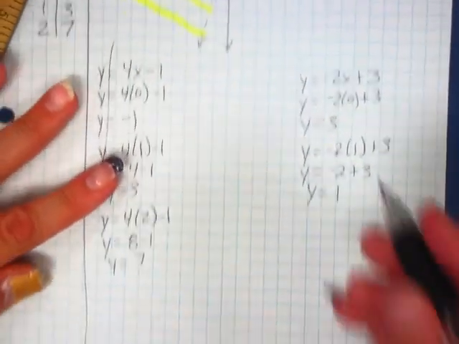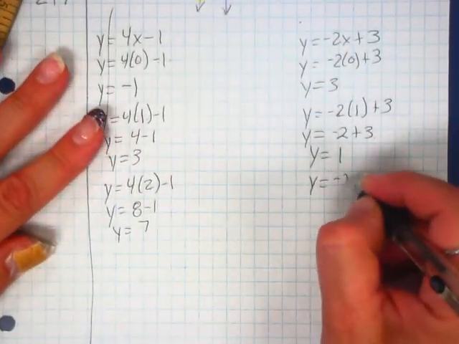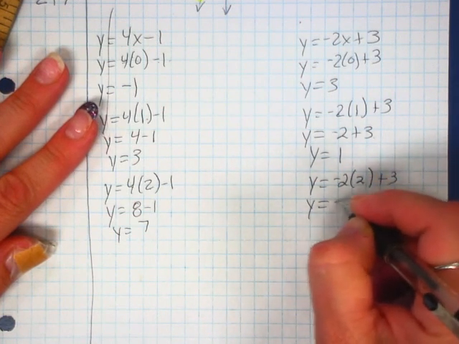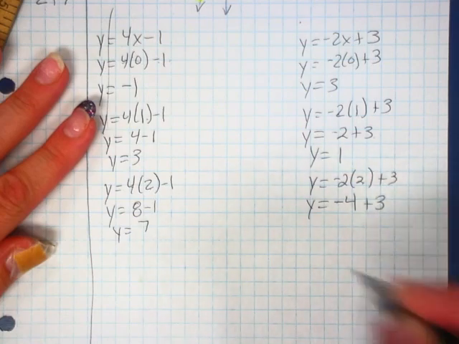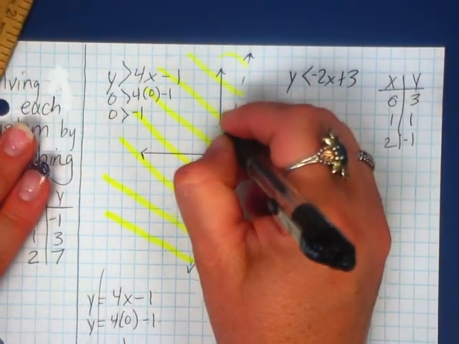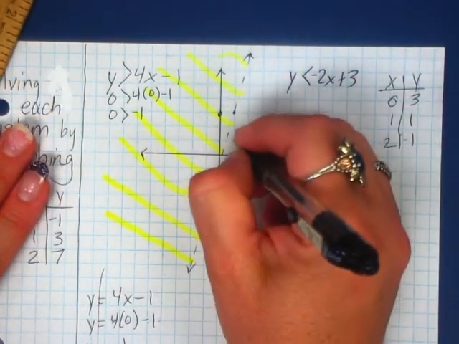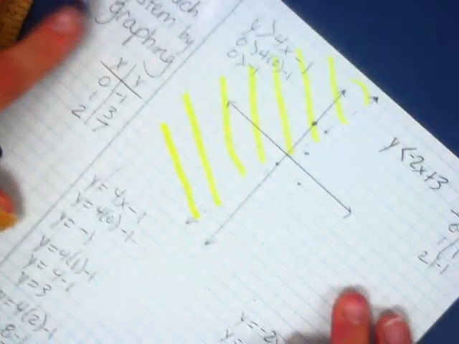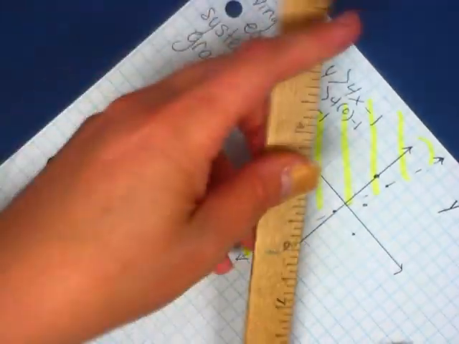Our last one is to see what happens when you plug in 2. Negative 2 times 2 plus 3. Negative 2 times positive 2 is a negative 4. Y equals negative 1. Go ahead and graph that: 0, 3, and 1, 1, and 2, negative 1. There is no equal sign, so again, I'm going to be dashing that line.